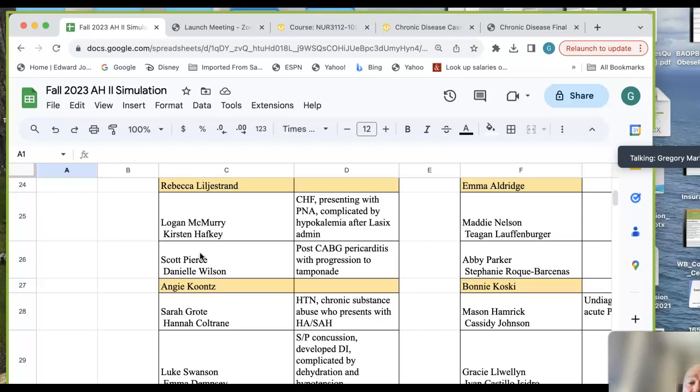Now we've paired up the juniors and seniors, and the juniors are going to help move the scenario along. For example, this patient, Logan, is going to present with CHF complicated by pneumonia, and the junior student will have paperwork that Logan and Kristen have devised over the last couple of months to move that scenario along.